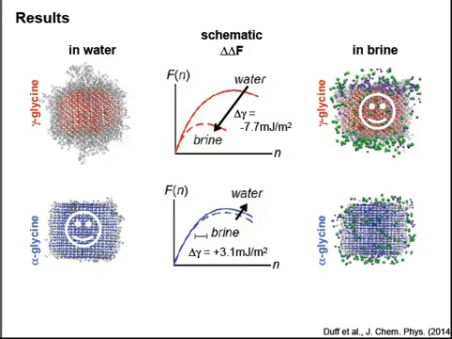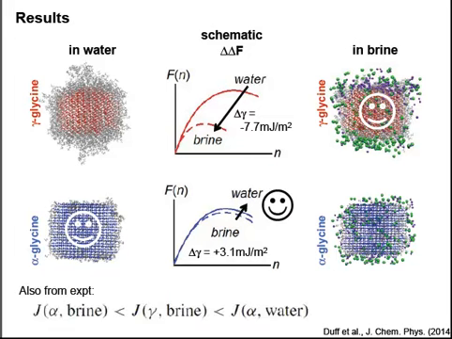Now, it's not necessarily true for both of these two things to be true. I could just enhance my gamma nucleation rate so much that I don't see alpha anymore. But actually, both of these two numbers are consistent with experiment, and we know that because you can look at work done by the Tan group in Singapore, and you can see that they have reported that the rate of nucleation of the alpha polymorph in water is actually faster than the rate of nucleation of the gamma polymorph in brine.